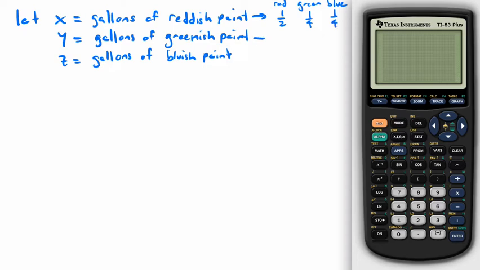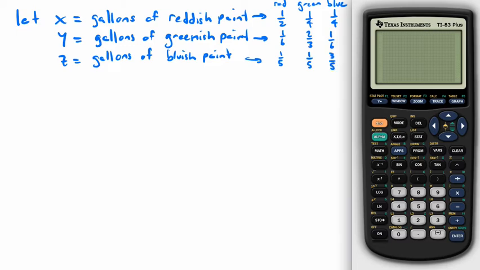The greenish paint consists of 1/6 red, 2/3 green, and 1/6 blue. And the bluish paint is composed of 1/5 red, 1/5 green, 3/5 blue.